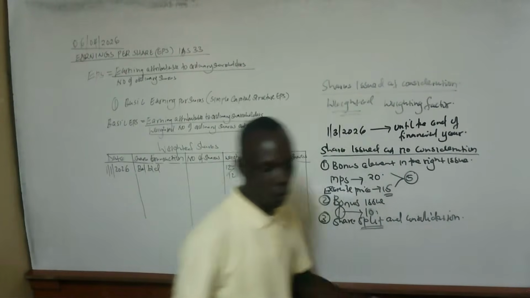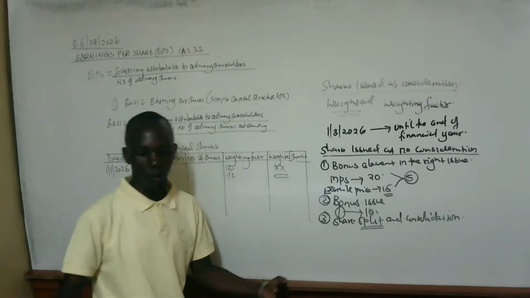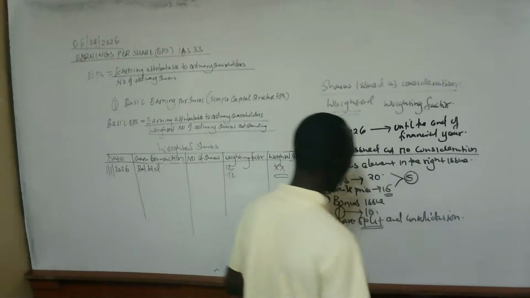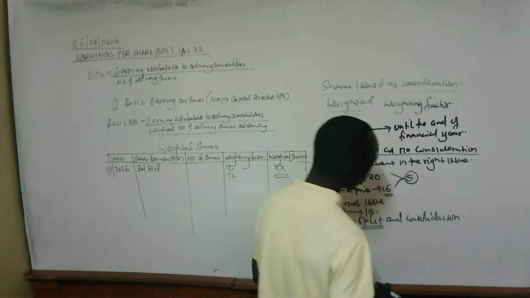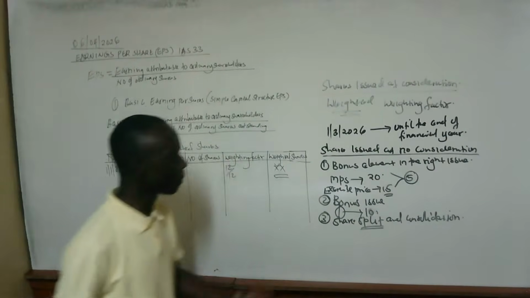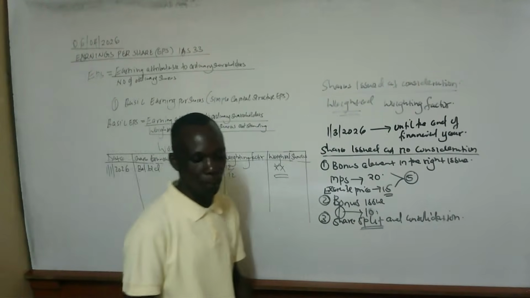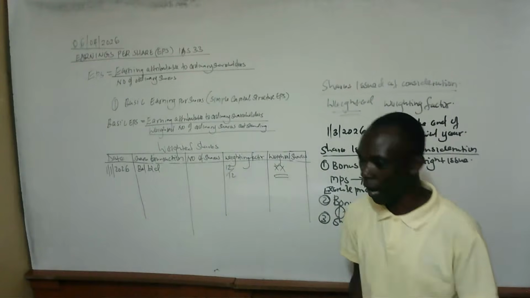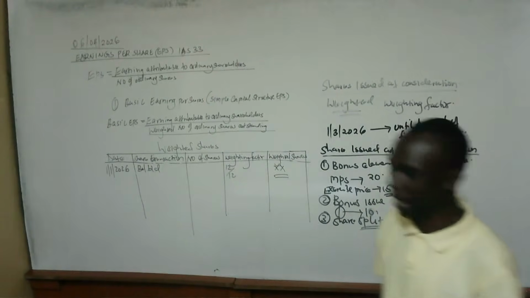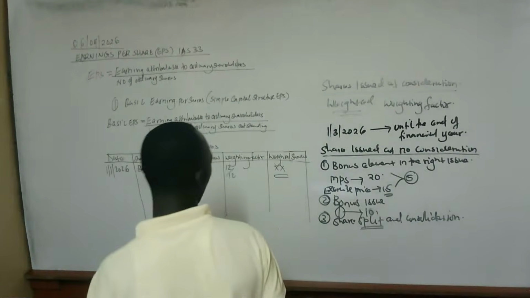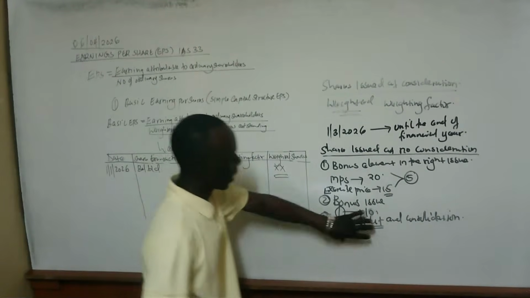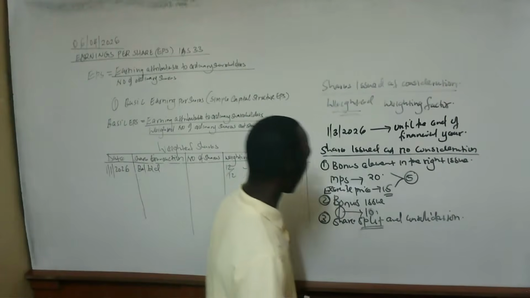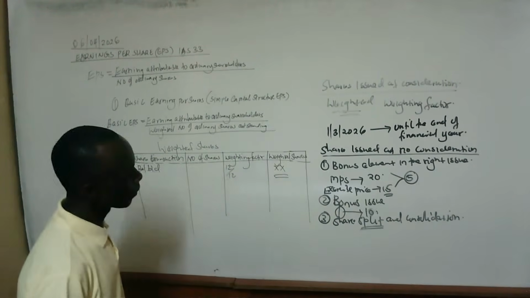When we talk about the consolidation, it is where you are going to bring them together so that you can have fewer shares. You are consolidating. For example, you had 3, and then you are told that if we carry out the exercise of consolidation, you are going to have 1 share. So in that case you are consolidating.